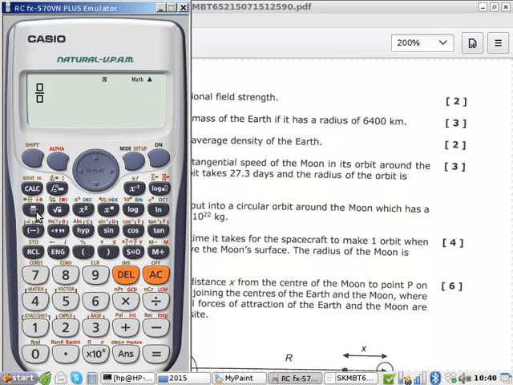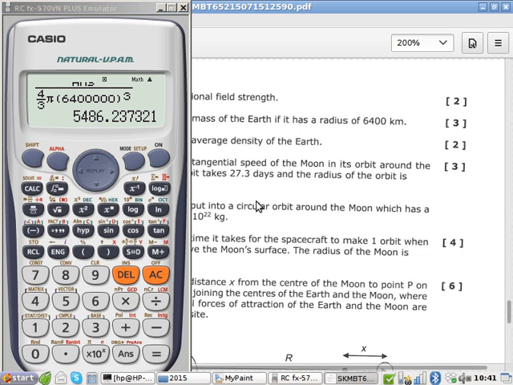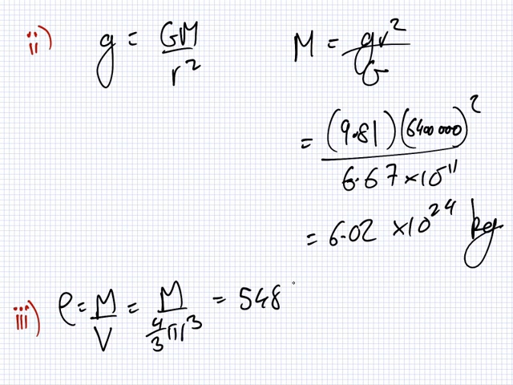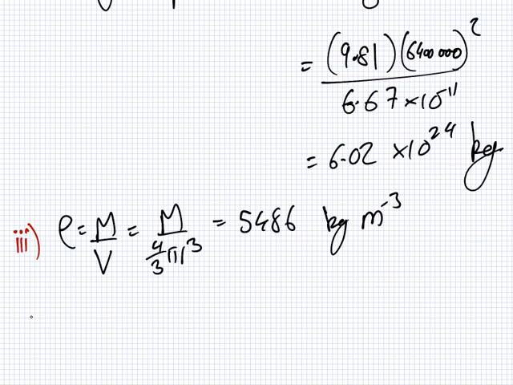So over, and that's not cylinder, sphere, 4 over 3 pi r cubed. 5486 kilograms per meter cubed. Next.